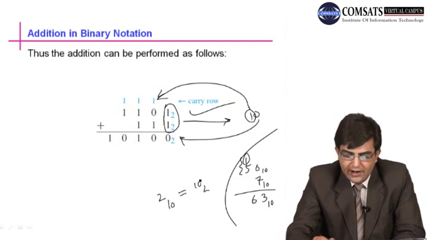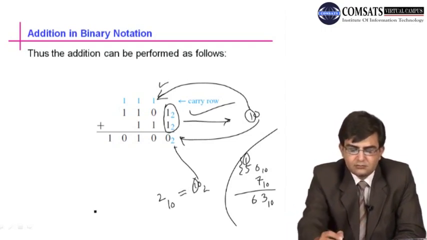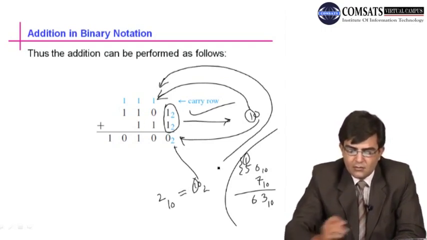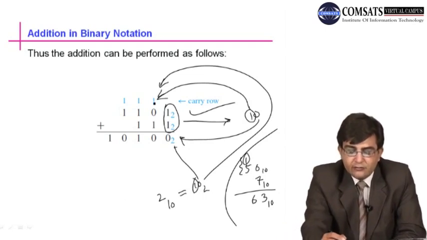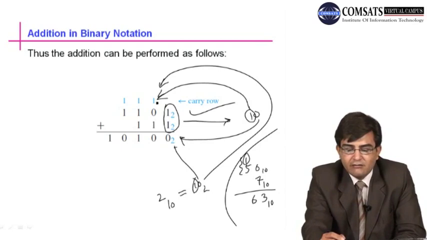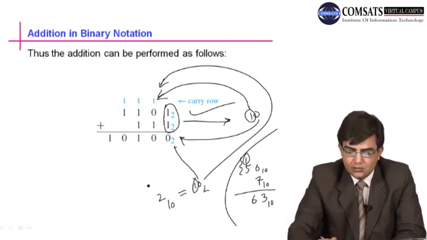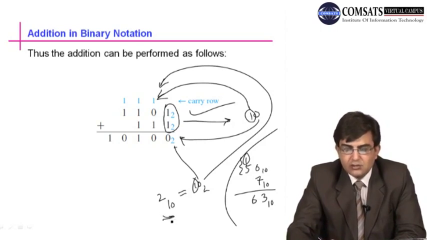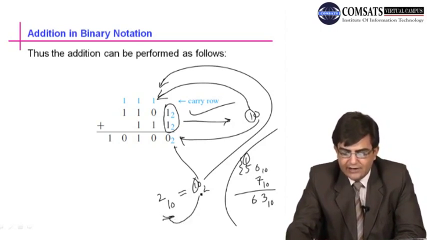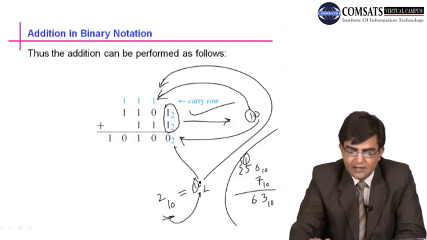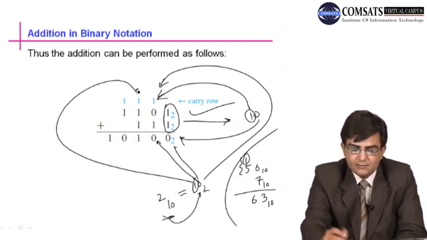So now we write it here and we send this 1 as a carry here. So here we have now 1 plus 0 plus 1. Again we have 1 plus 0 is 1 and 1 plus 1 is again 2. We write it as 10. We write here again 0 and we send this 1 as a carry here.